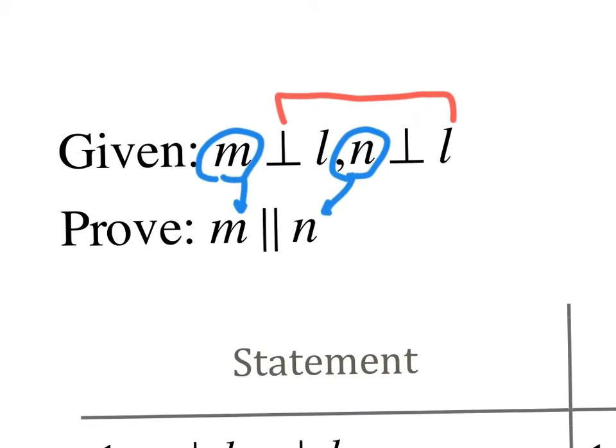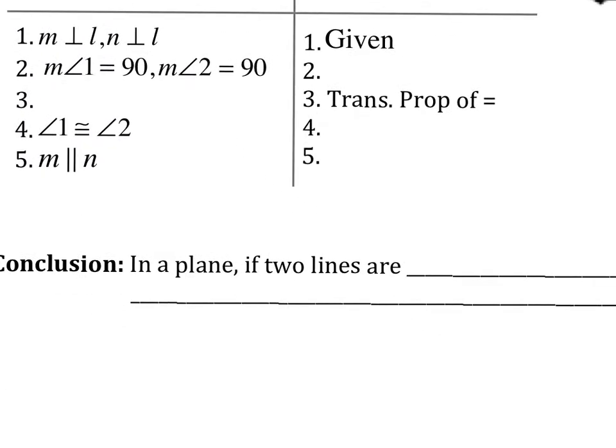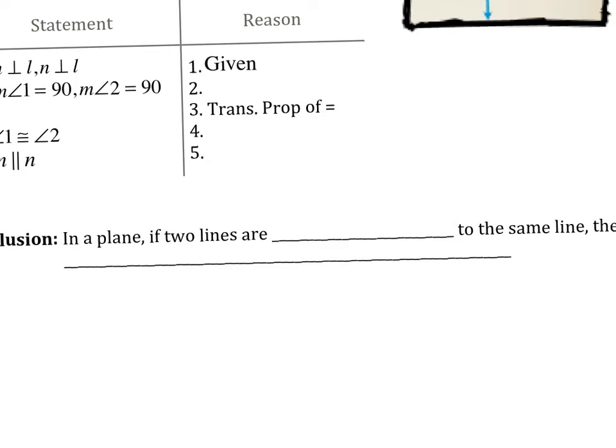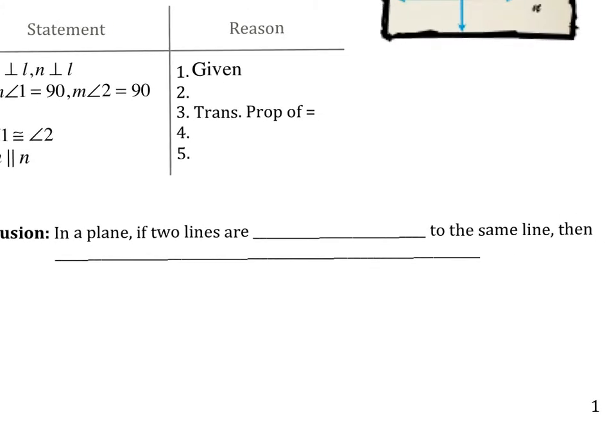If we had to summarize this, we would get if two lines are perpendicular to the same line, L, then they are parallel to each other. So we can't call this the transitive property because the actual function changes. So if two lines are perpendicular to the same line, then they are parallel to each other.